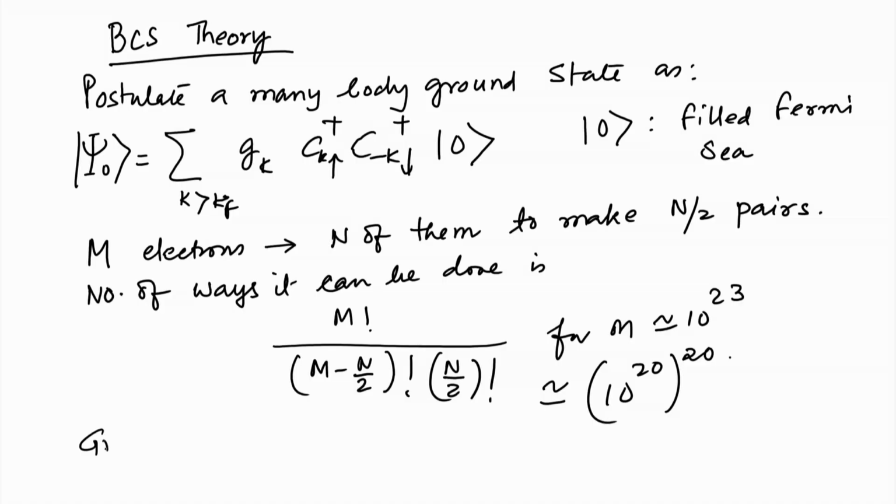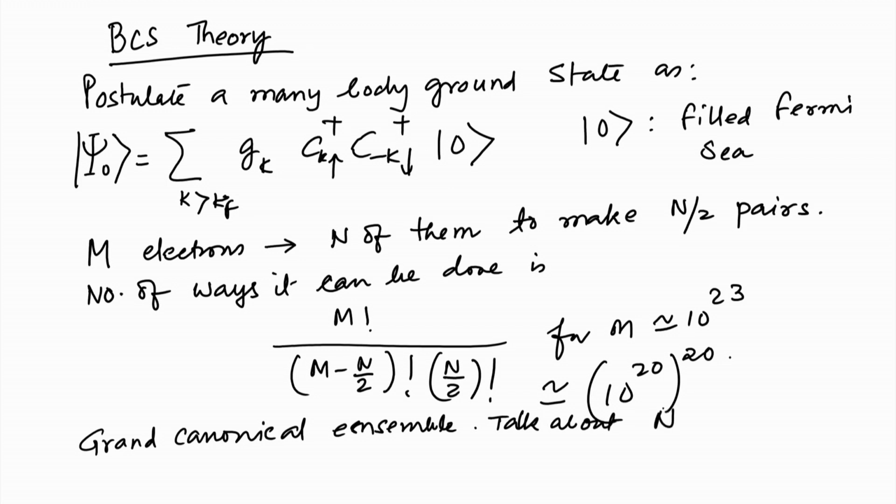So, we shall talk in the grand canonical ensemble, and talk about average n, which we call n bar, instead of the number of particles.